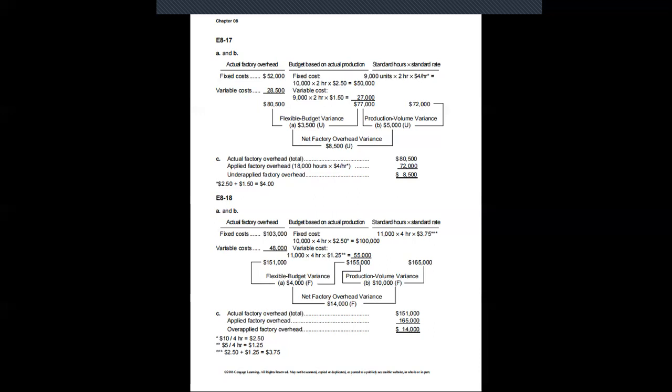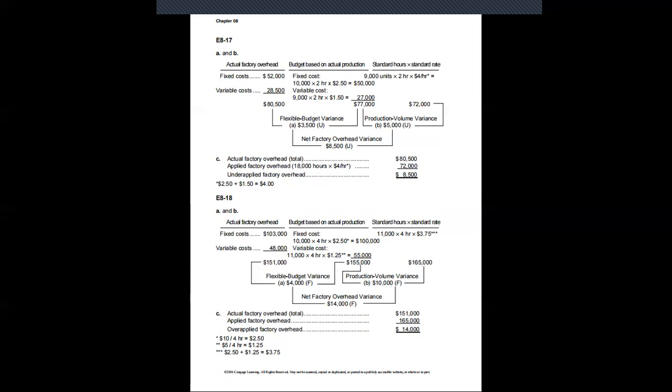We multiply by 4 hours and multiply by the rate of 2.50, which is taken by dividing $10 by 4 hours. So 2.50 times 10,000 times 4 equals 100,000.